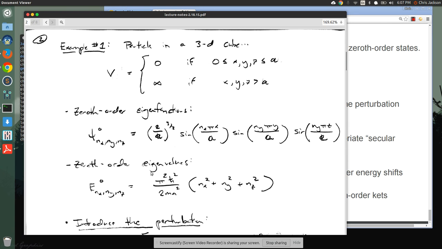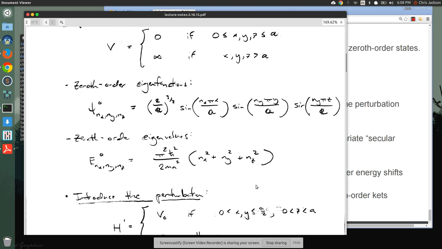So the zeroth order eigenvalues, or the energies, are going to be this factor out in front, and then a sum of nx squared plus ny squared plus nz squared. So it's just summing up the three different energy eigenvalues in the three different dimensions, right?